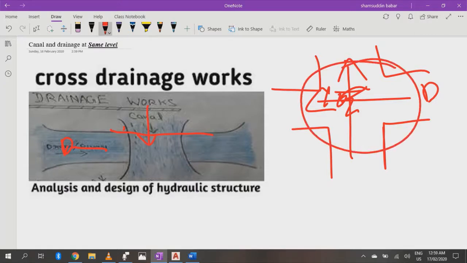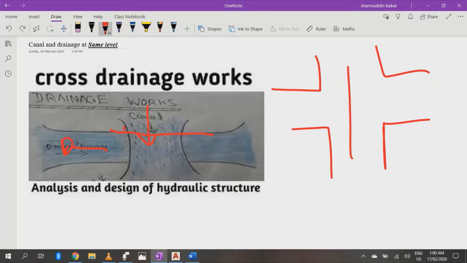A level crossing consists of 3 cross regulators. This is our level crossing, the shape we can see here in the red pen. It should consist of 3 regulators, 2 across canal and 1 across drain.